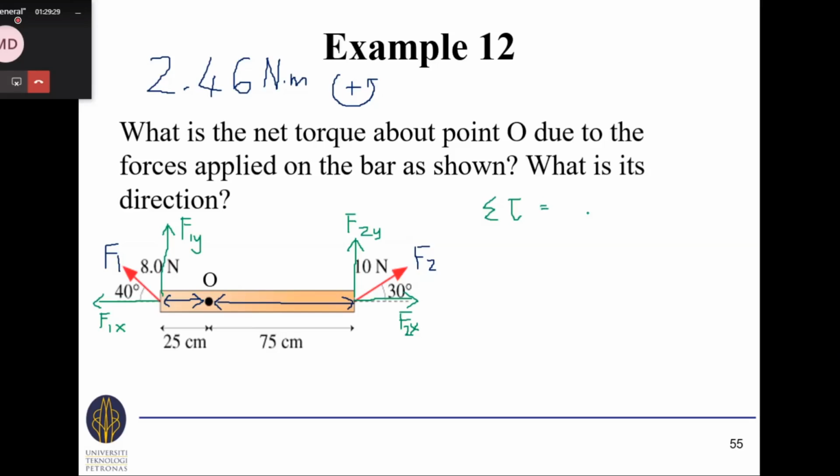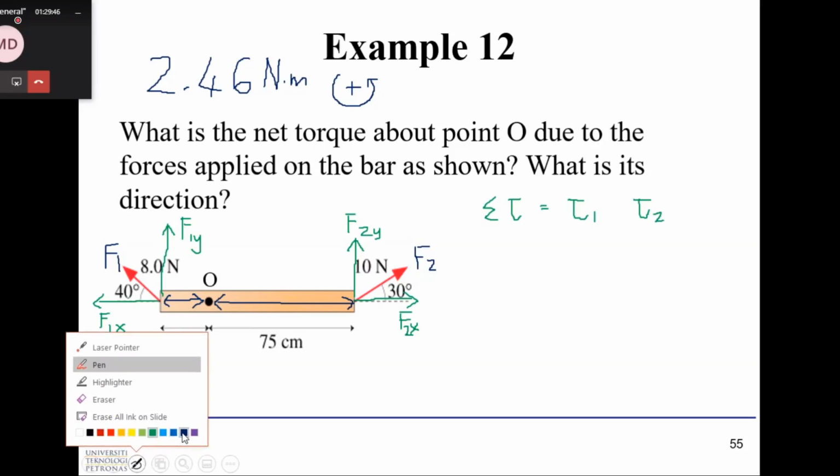Summation of torque is always plus for CCW, minus for CW. So please find the torque, tau 2. I'm writing my answer down for you as well at the same time.